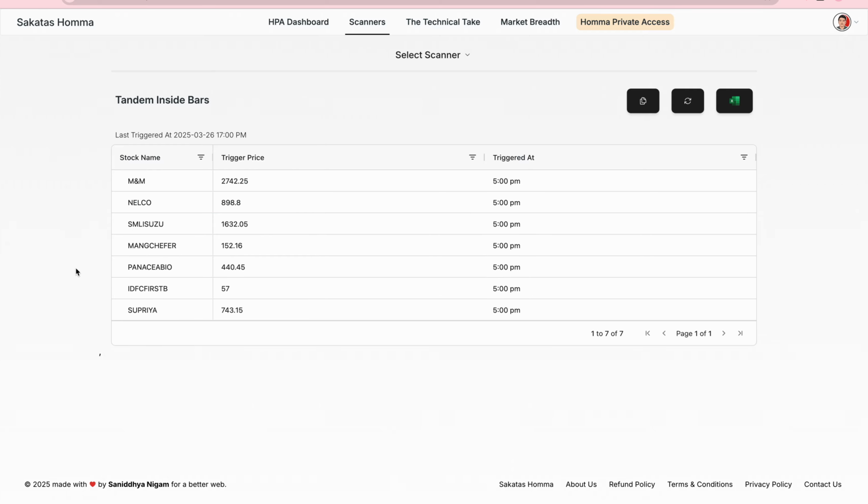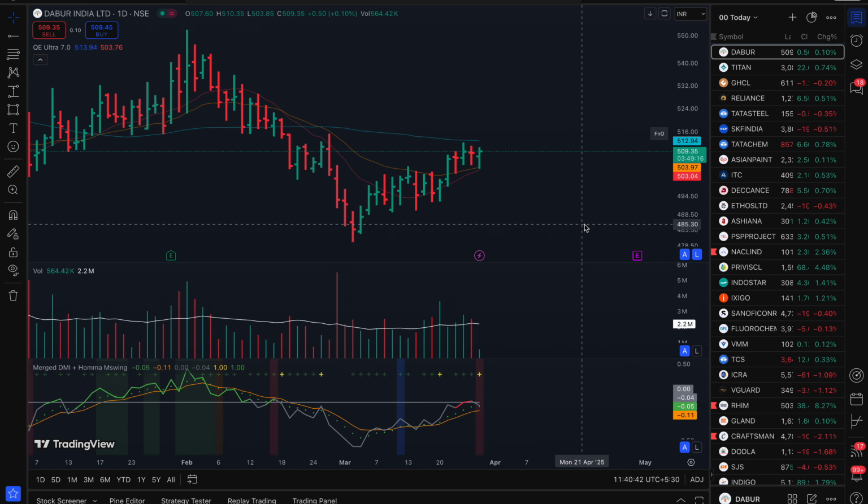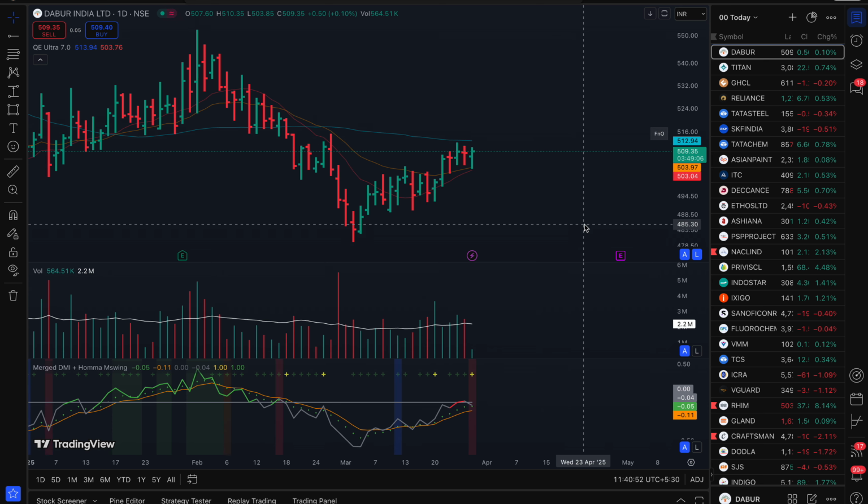And the best thing is that it'll only give you a manageable list if you're someone who has the problem of setup hopping or stock hopping. Sticking to the tightness indicators, which are the Tandem Inside Bars and the Tandem Low Range scanners, is a very good idea for a beginner who is struggling with setup hopping.